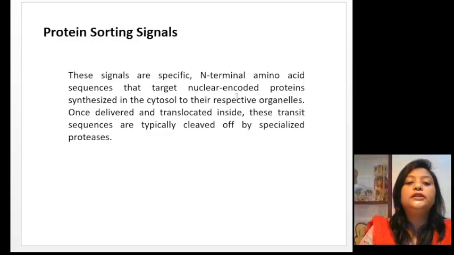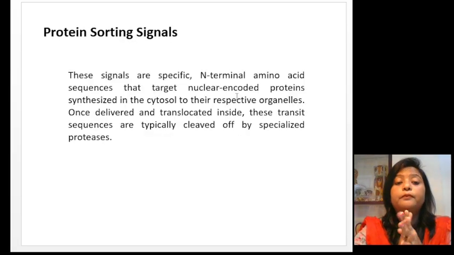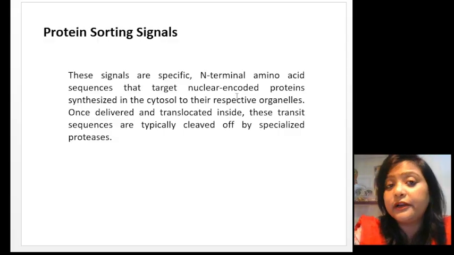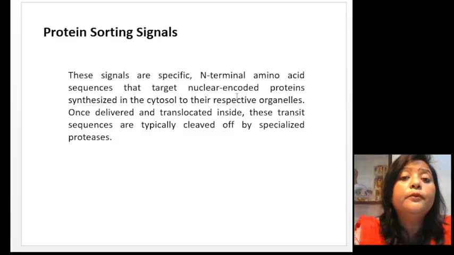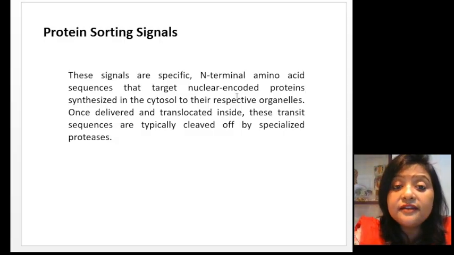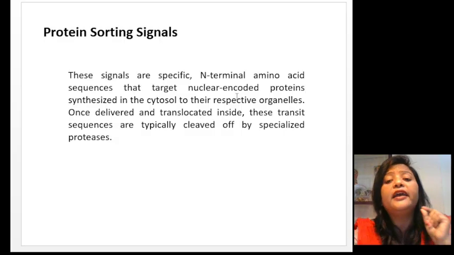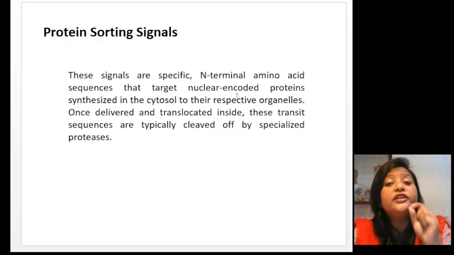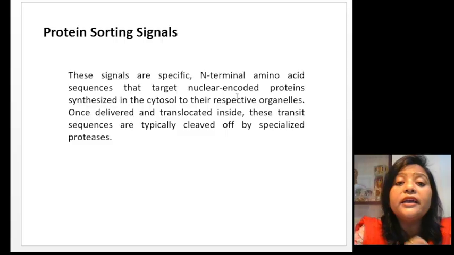All right. Now, this is again a very important part: protein sorting signals. So what are protein sorting signals? We know that mitochondria and chloroplast both can form protein. These protein sorting signals are specific N-terminal amino acid sequences which will target the nuclear encoded proteins.